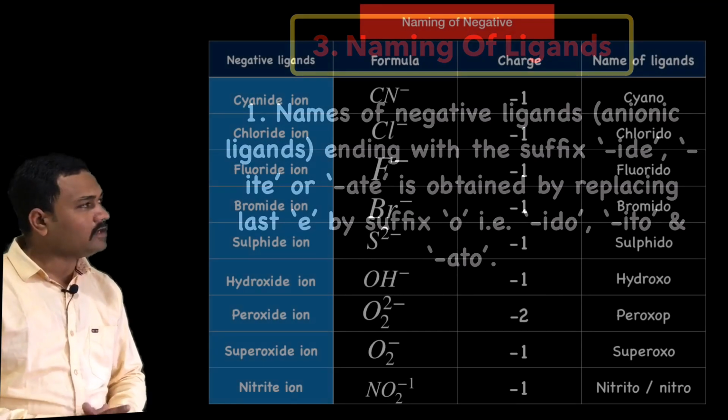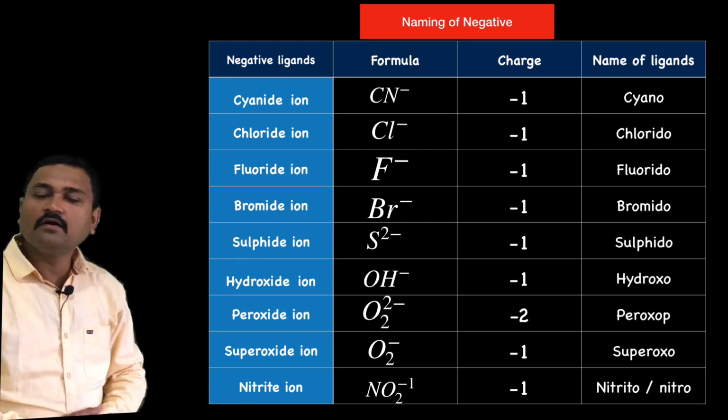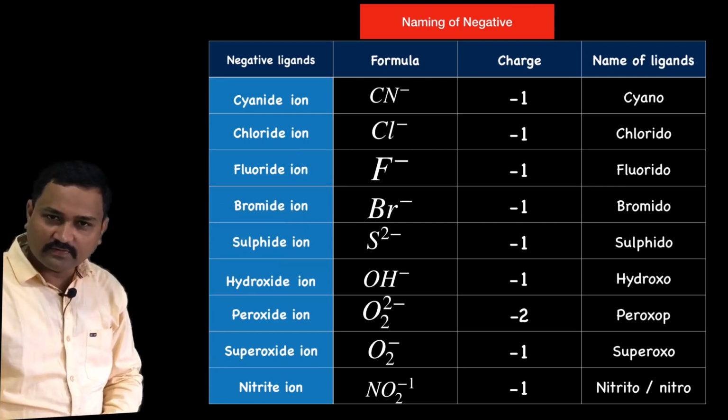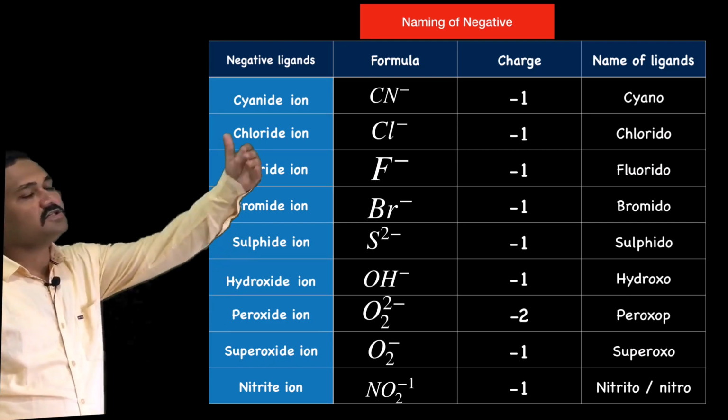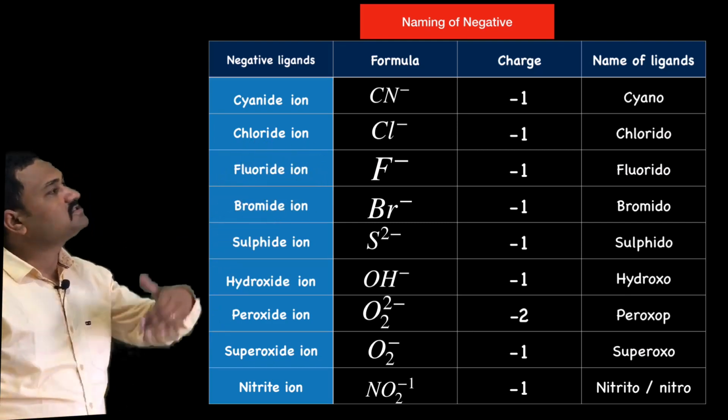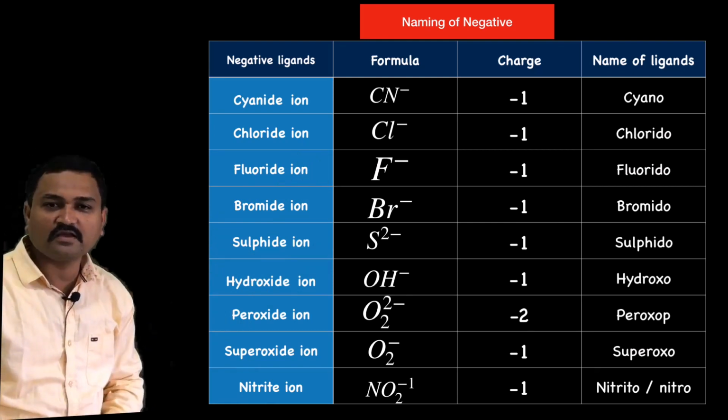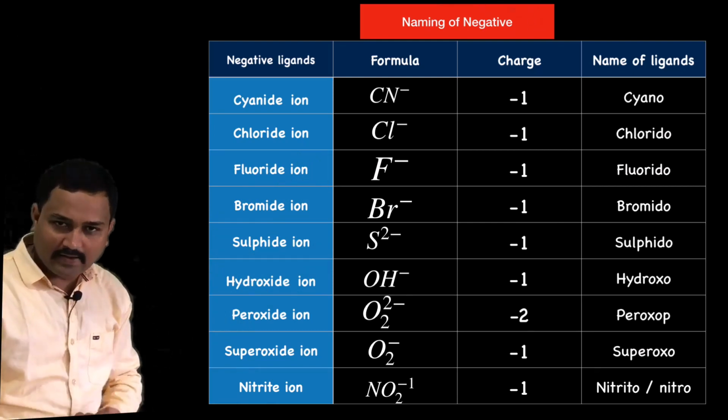So here I have shown this table for all the negative ligands: their actual name, then their formula, then the charge on it, and its name after replacing the suffix e by o.